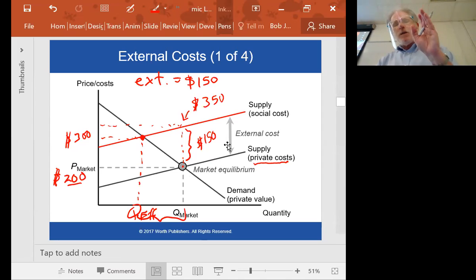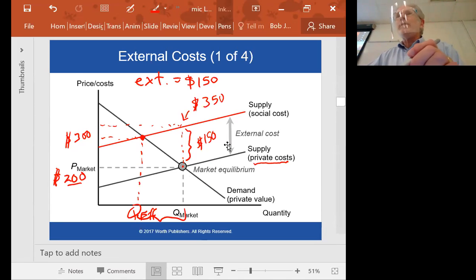we're assuming that a byproduct of the tire producers' production is some kind of toxic chemical they're putting into the air or into the water, and that imposes cost on people in the community. That's a very real cost, but it is an external cost.